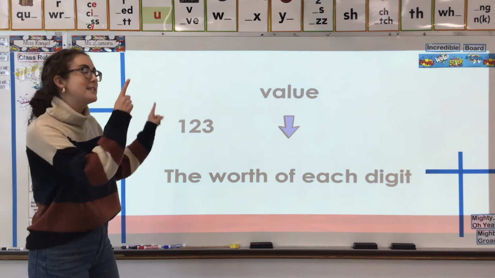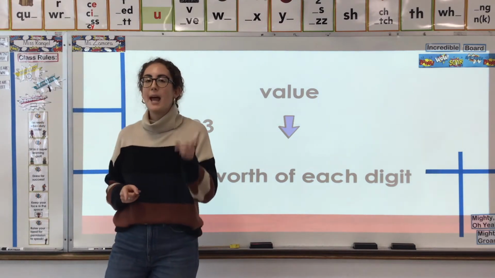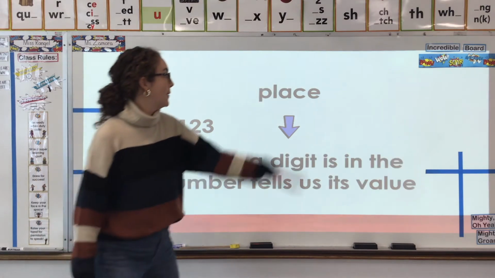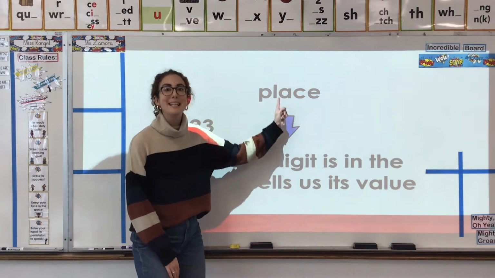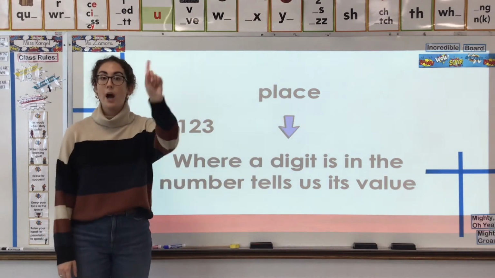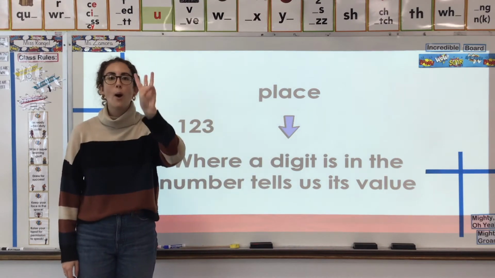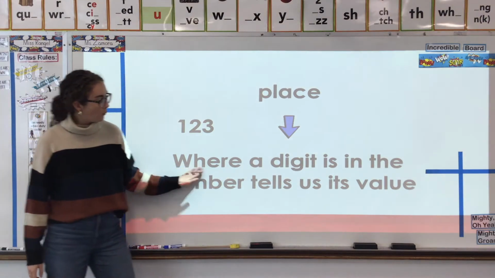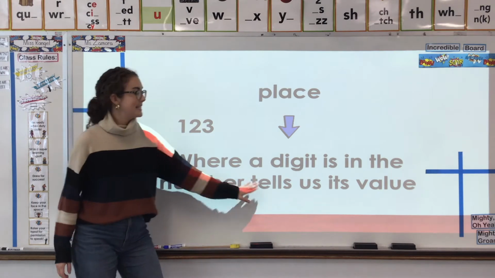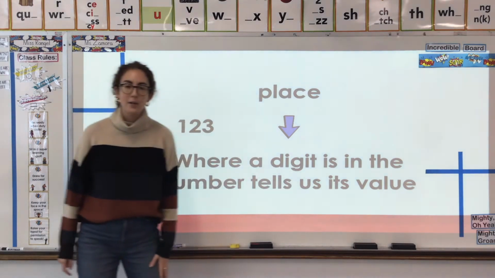And a digit's value all depends on what? It all depends on a digit's place. It all depends on where the digit is written. In the hundreds, tens, or ones place. Where a digit is in the number tells us its value.